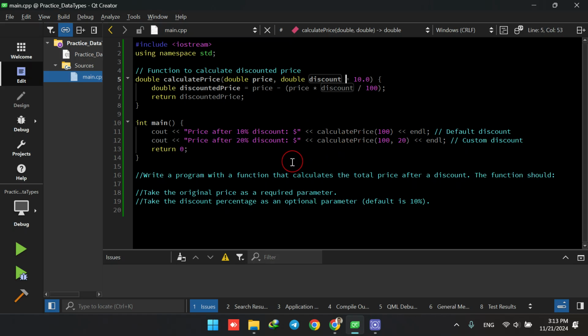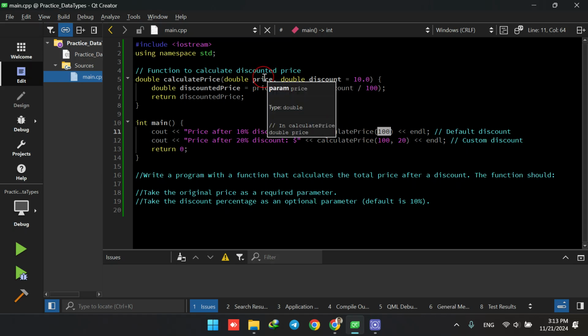Here we are calling the function with the first argument only, which is the price. We are saying, call the function for the price of 100. So 100 is set to the price argument.